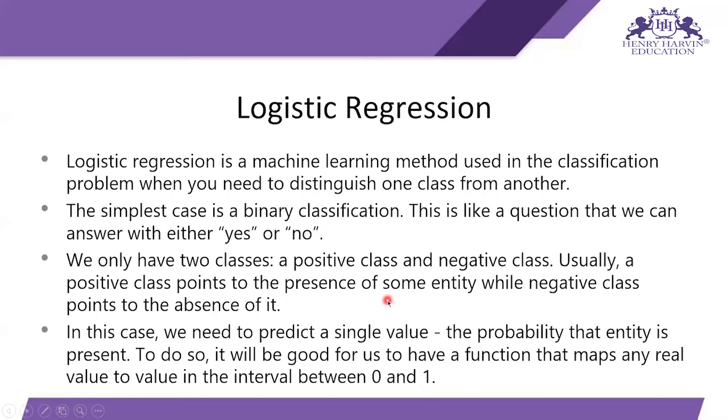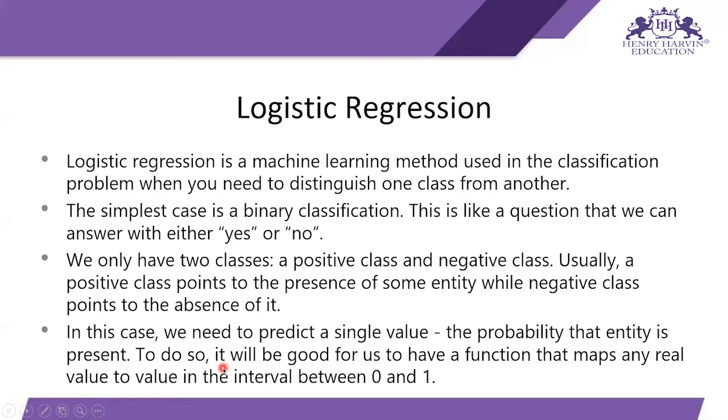Usually, a positive class points to the presence of some entity, while a negative class points to the absence of it. So basically, in logistic regression, we have two classes: yes or no, one and zero, positive class or negative class. And in this case, we need to predict a single value.